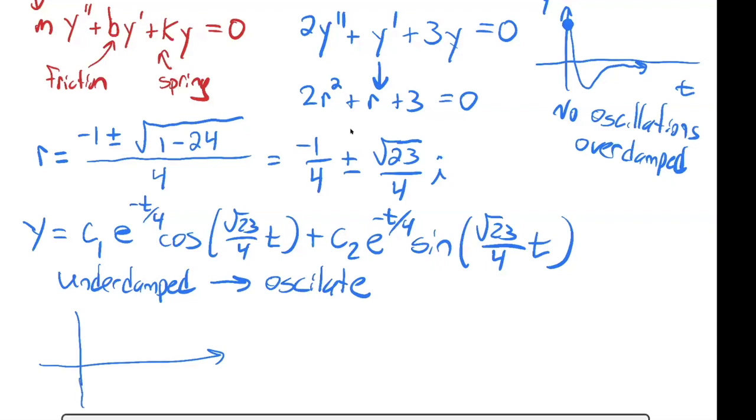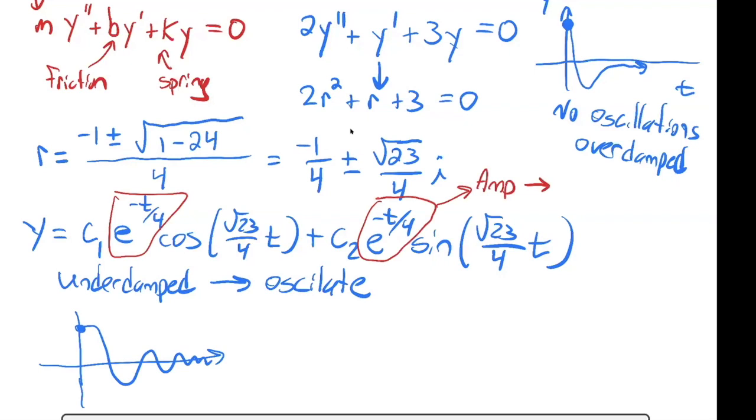And so for these solutions, maybe we start over here, they are going to oscillate. It's just that the amplitude is going to head towards 0 as time goes on. This term over here is giving us our amplitude, which is going to head towards 0 as t heads towards infinity.